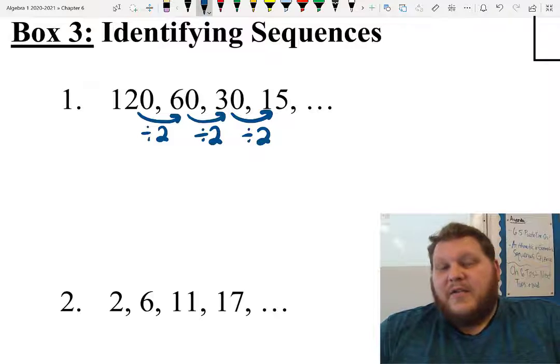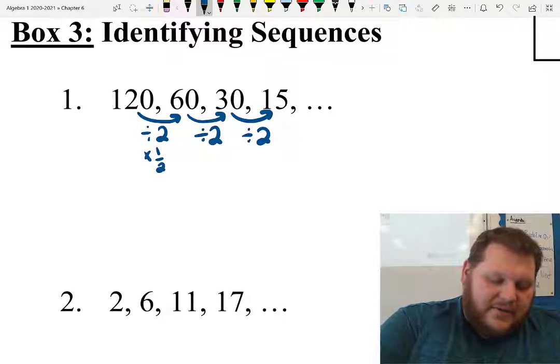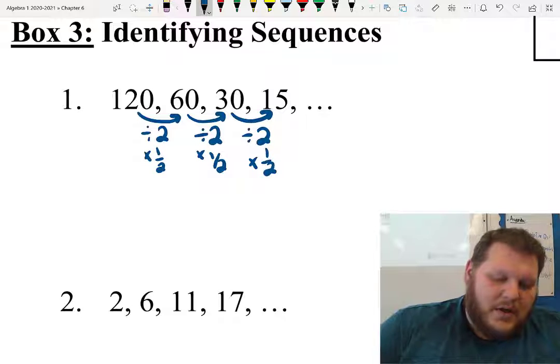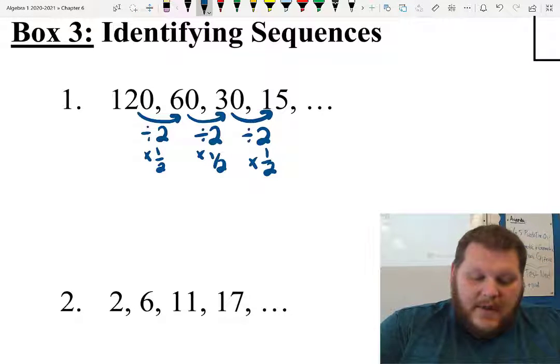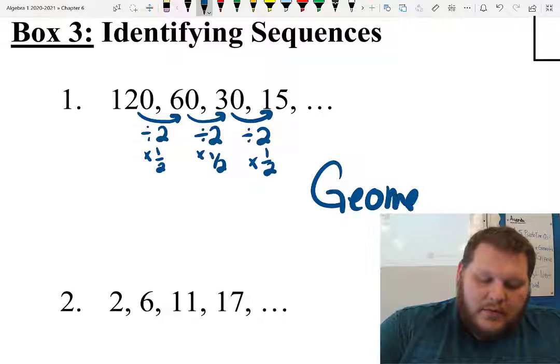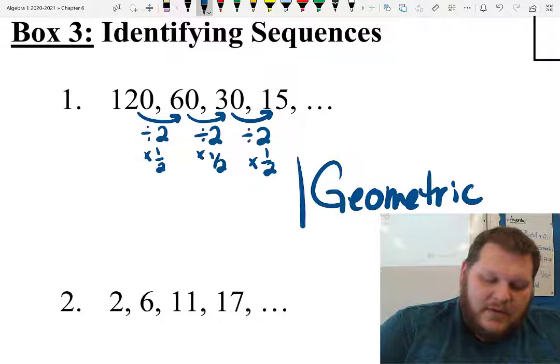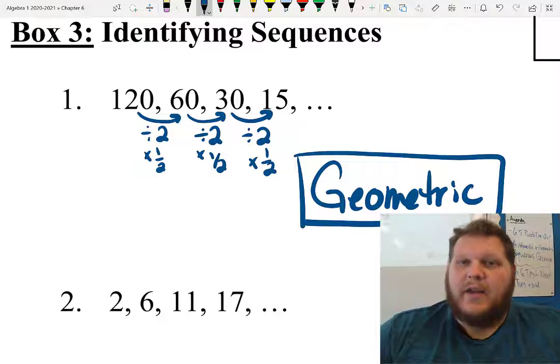So I see that I can divide by 2, or I could also say this is times a half if you wanted to have it be a multiplication. Either way, we see that there is a common ratio between my terms, that ratio being a half. So we would be able to conclude here that number 1 is geometric. It is a geometric sequence because we have that common ratio. We have that multiplier to get from one to the next.